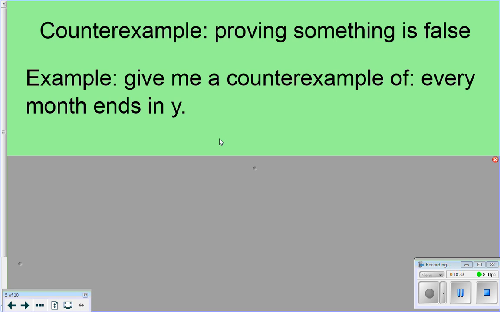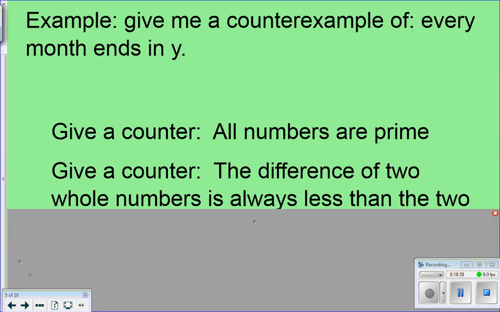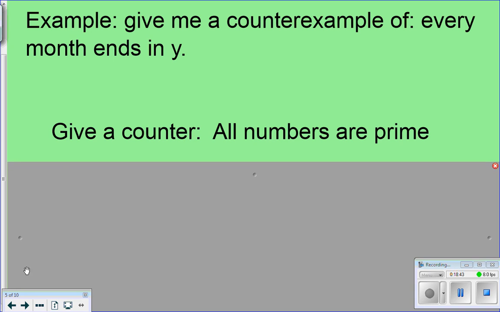Okay, let's see, what do I have right here? All numbers are prime. Ooh, let's do that one. Want to know what prime is? What's prime mean? There's more than one number that can go into it. So if I said up here, well, you guys, all numbers are prime. 3's prime.